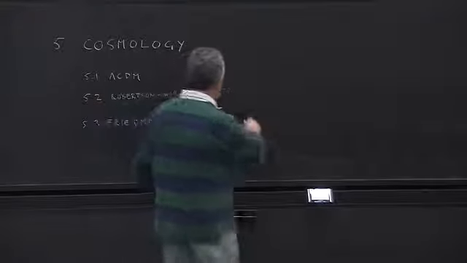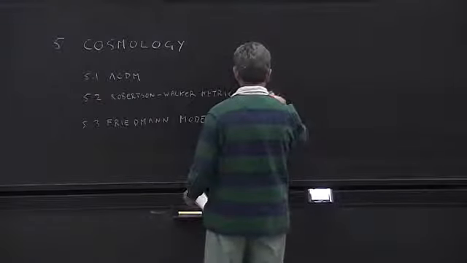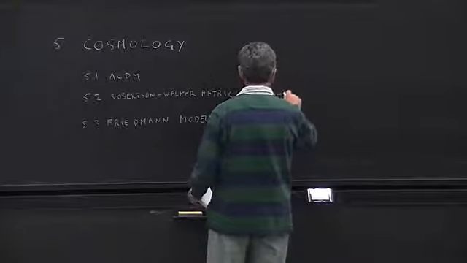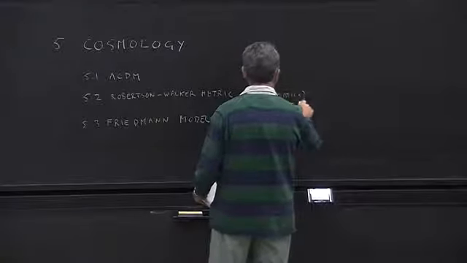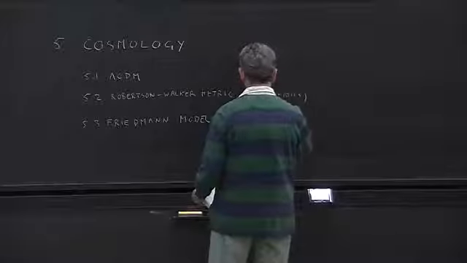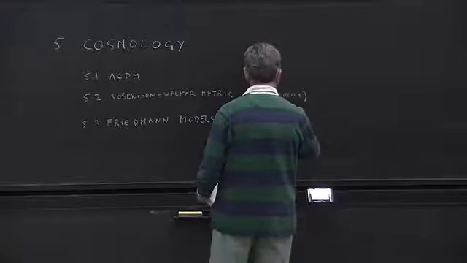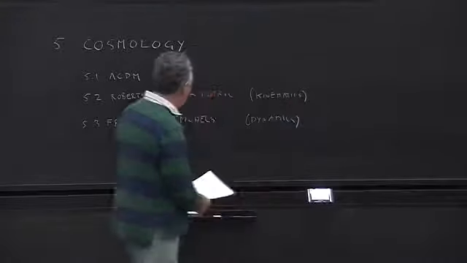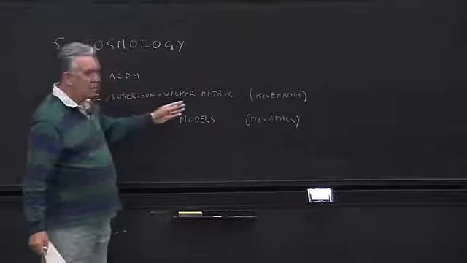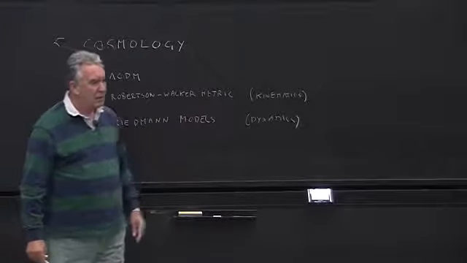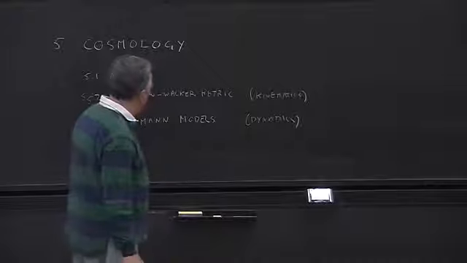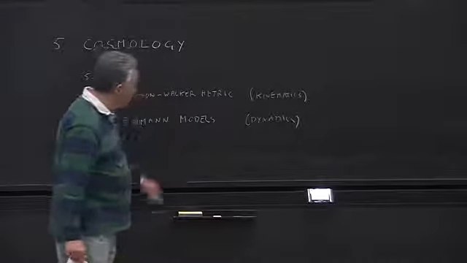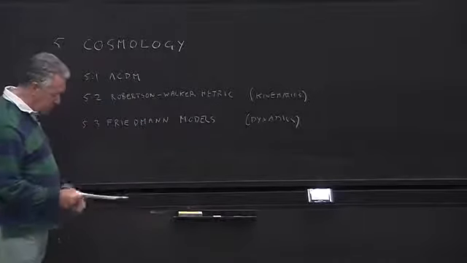If you like, roughly speaking, this is kinematics, and this is dynamics. So this will be some rather general remarks that don't depend on the details of Einstein's equations. And then we'll focus on those specific predictions that do.